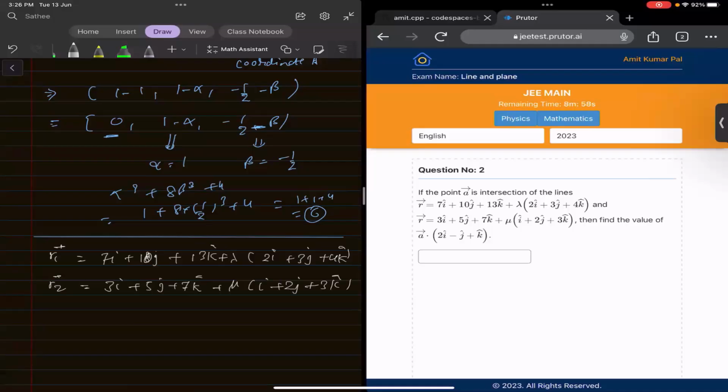It is given that these two lines intersect. You know that at the intersection point their coordinates would be equal.